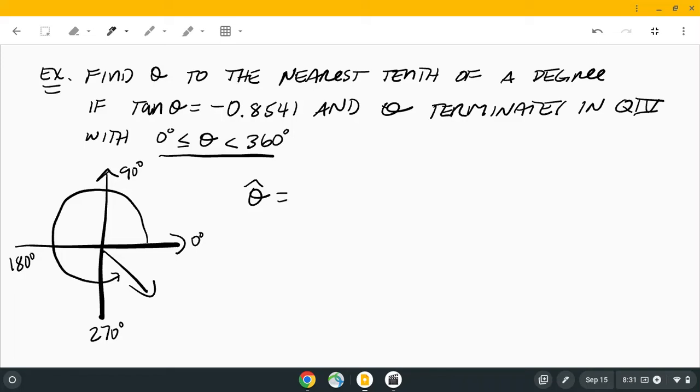Okay, so we are going to set it up similar to the previous problem. Our reference angle is going to be tangent inverse of, again, we're going to enter the positive number, not the negative.